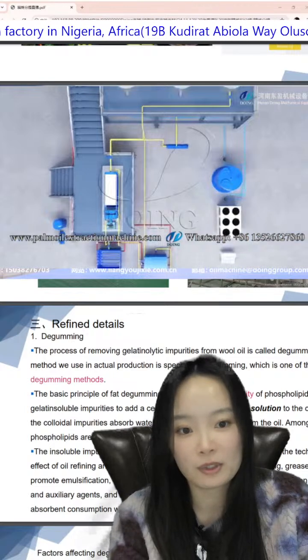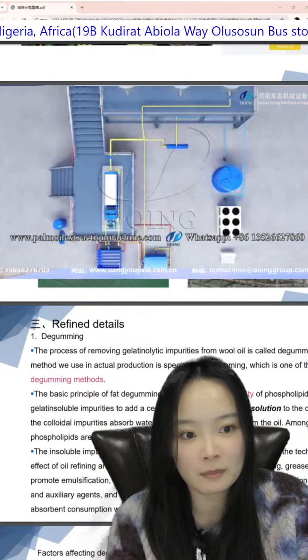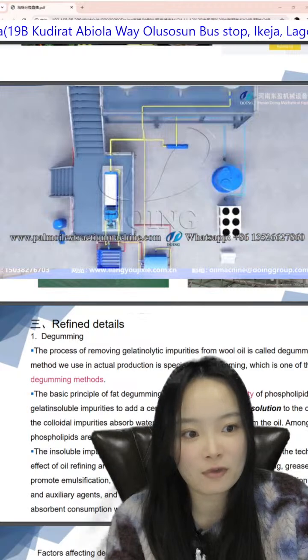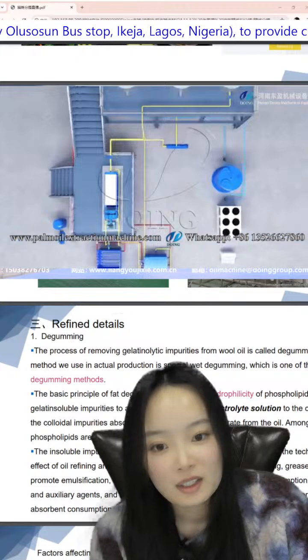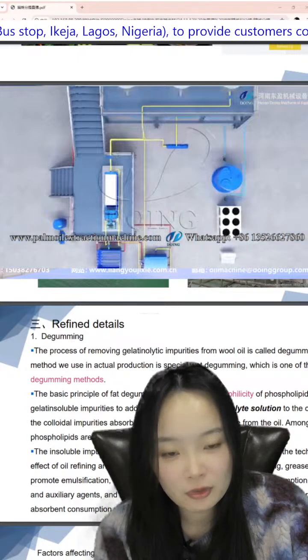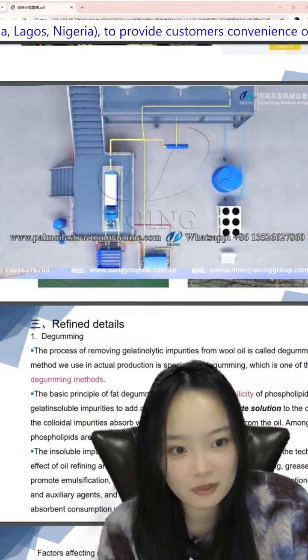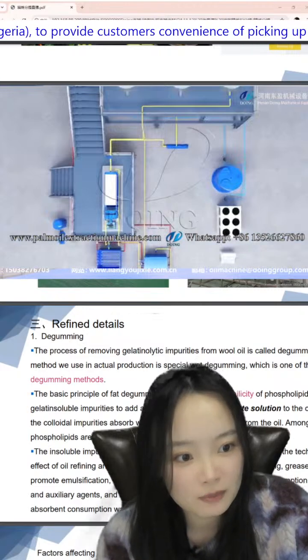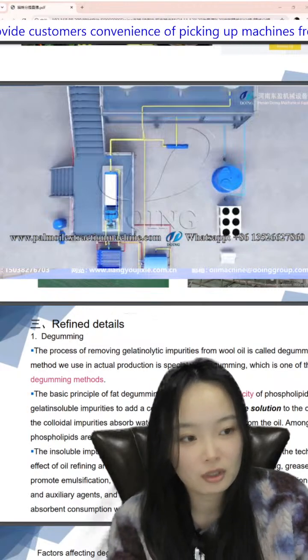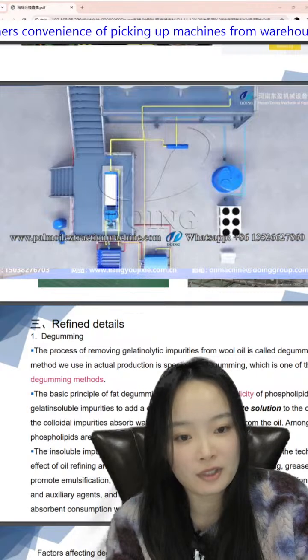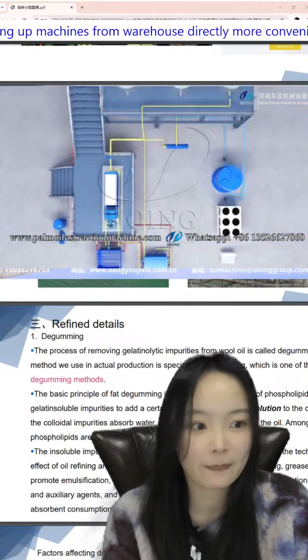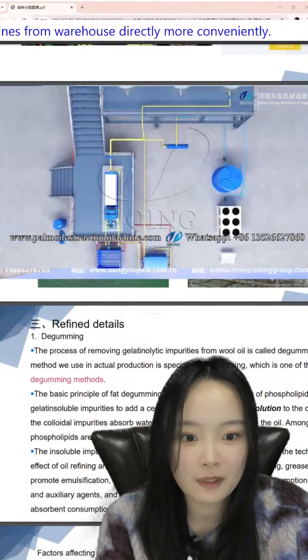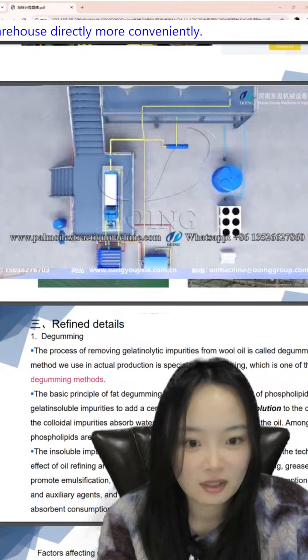The basic principle of wet degumming is to use the hydrophilicity of phospholipids and other colloidal soluble impurities to add a certain amount of electrolytic solution to oil, so that the colloidal impurities absorb water, condense, and separate from the oil. Among them, phospholipids are the main ones.